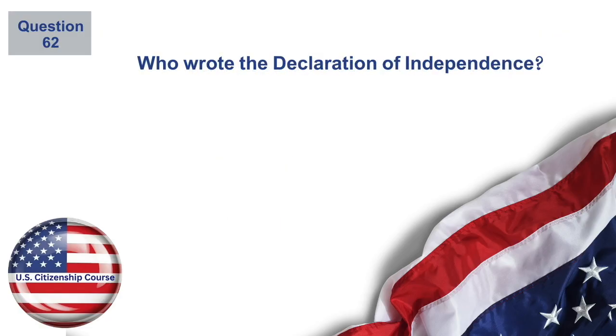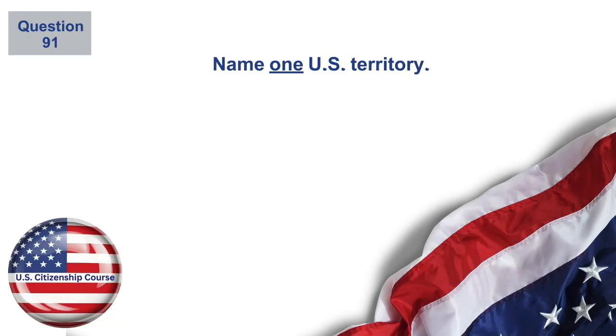Who wrote the Declaration of Independence? Thomas Jefferson. Name one U.S. territory. Guam.